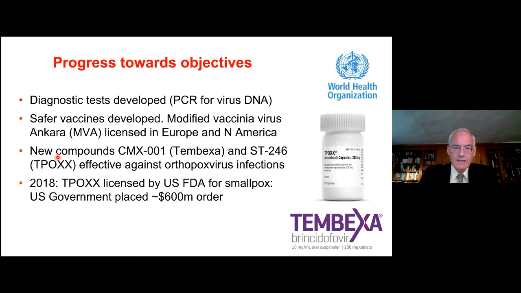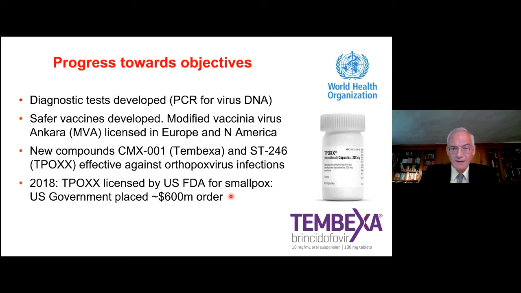TPOXX was licensed by the US FDA in 2008, and the US government placed an order shortly thereafter. This was remarkable. It had several firsts. It was the first drug that had ever been produced for smallpox, because there were none during the eradication campaign. It was the first time a drug had been produced and licensed against an extinct disease.